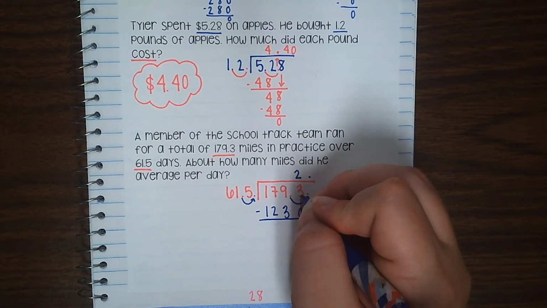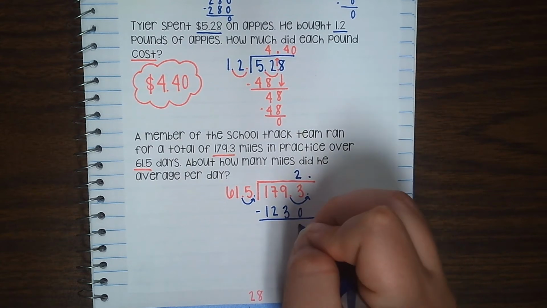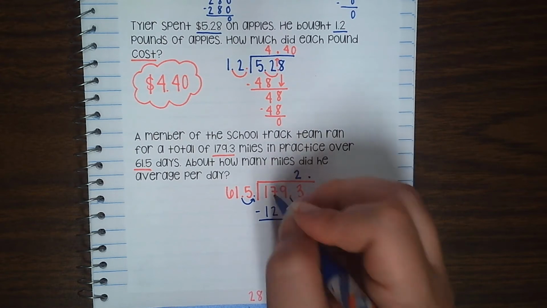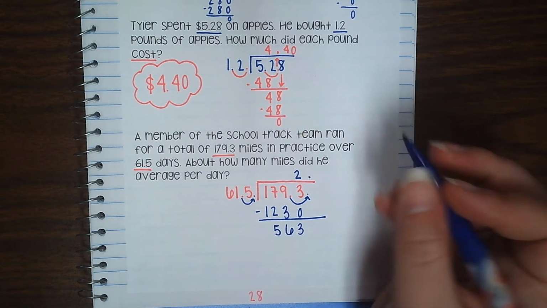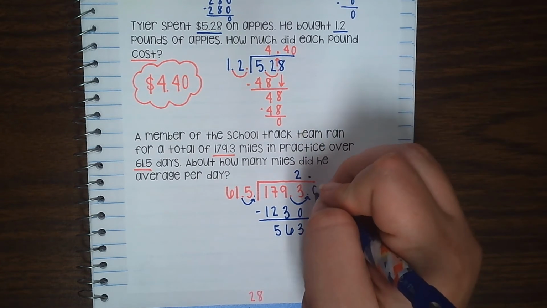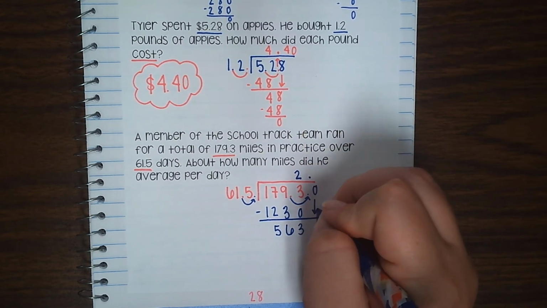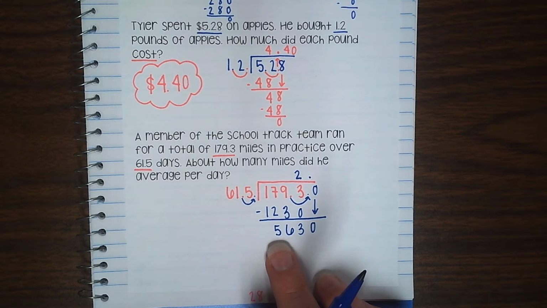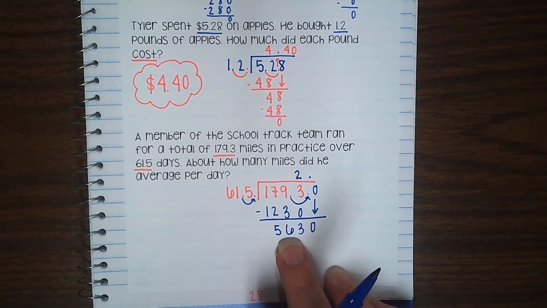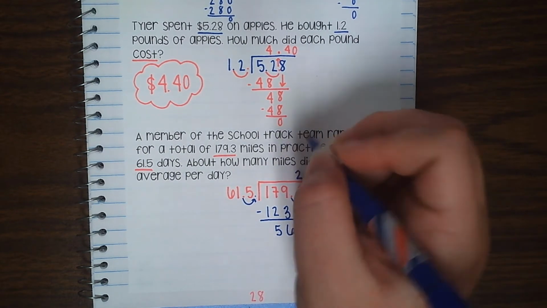Subtract that. 3 minus 0 is 3. 9 minus 3 is 6. 7 minus 2 is 5. Add a 0. Bring it down. 615 can go into 5,630 9 times.